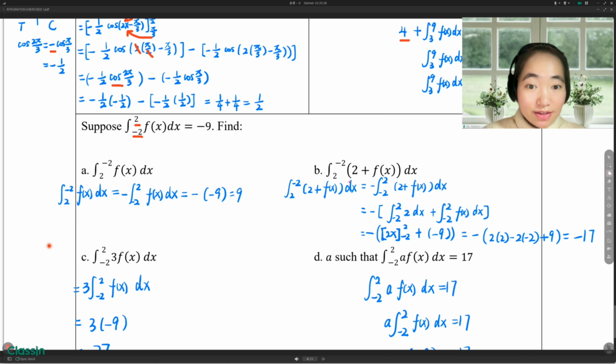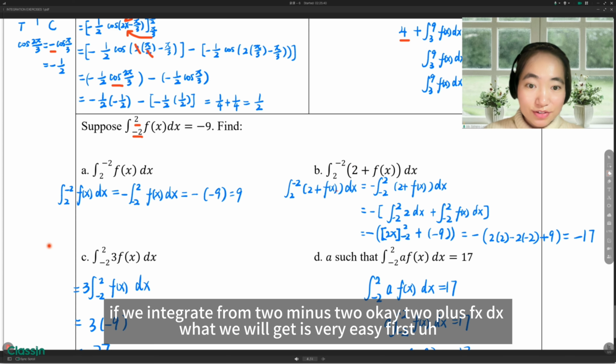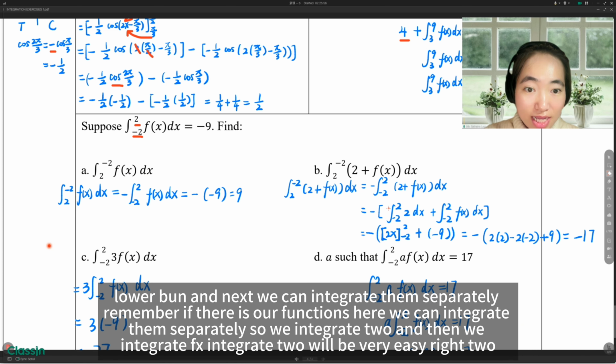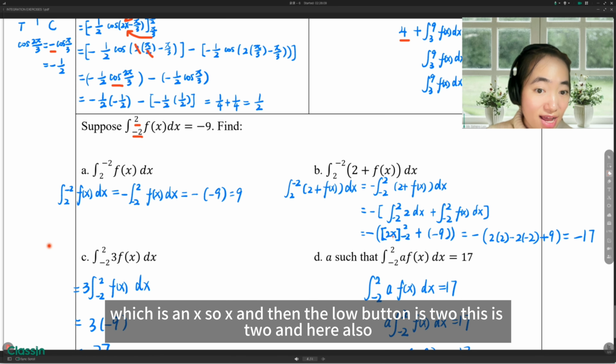Next, if we integrate from -2 to 2 of 2 plus f(x) dx, what we will get is very easy. First, because our lower bound is -2 and upper bound is 2, we can change the lower bound and upper bound first. And we add a negative. Next, we can integrate them separately. Remember, if there is a sum of functions here, we can integrate them separately. So we integrate 2, and then we integrate f(x). Integrate 2 will be very easy, right? 2 is a constant, we just add x.